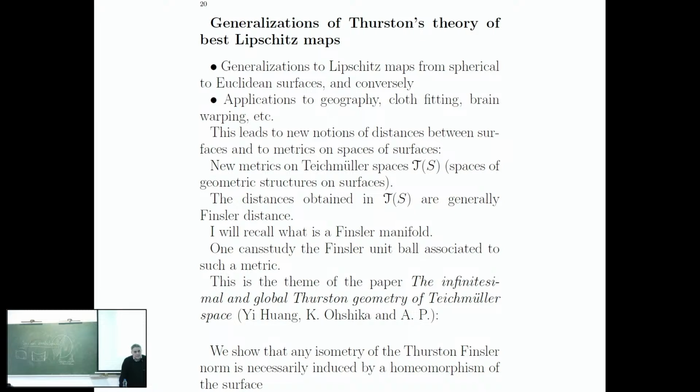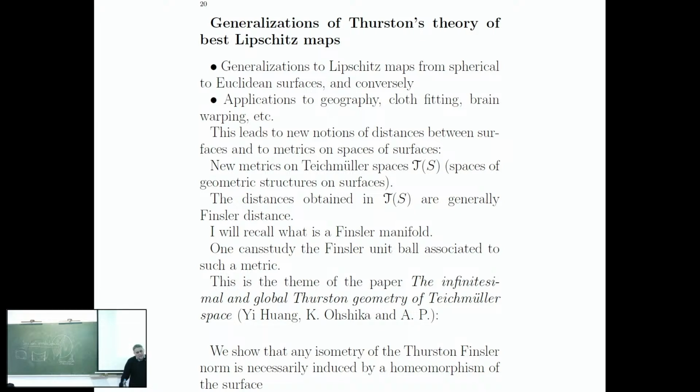Right? We want best Lipschitz maps from the sphere, or from part of the sphere, to the Euclidean plane. And conversely, you see, there are also these best maps from the plane to the sphere, which were studied by some mathematicians. For instance, Chebyshev, you heard this name, Chebyshev inequality.